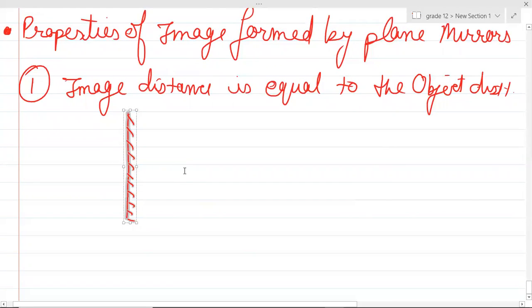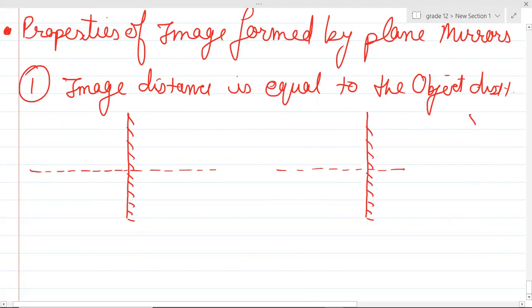And then we'll do a comparison. In the first case, guys, I'm taking the object over here.